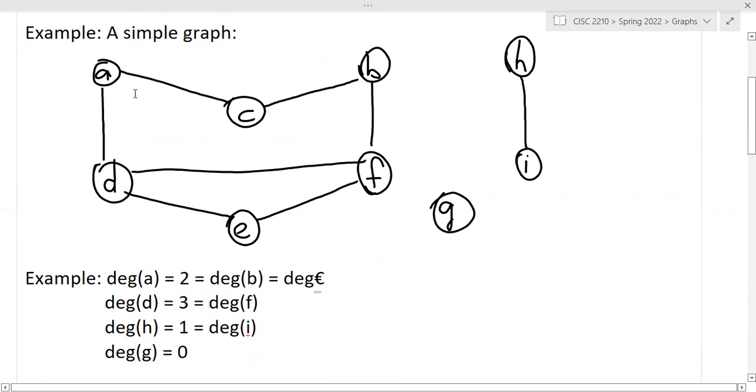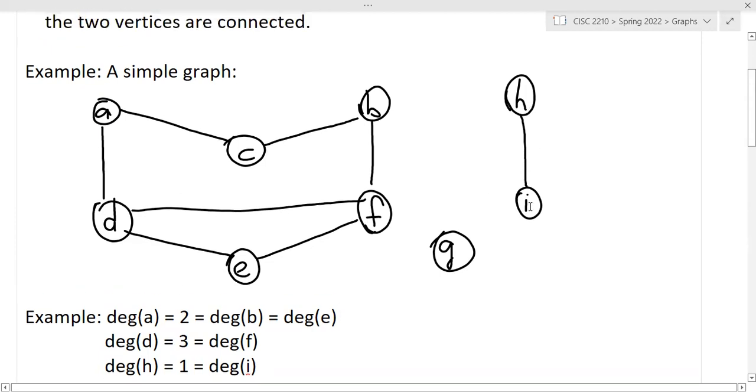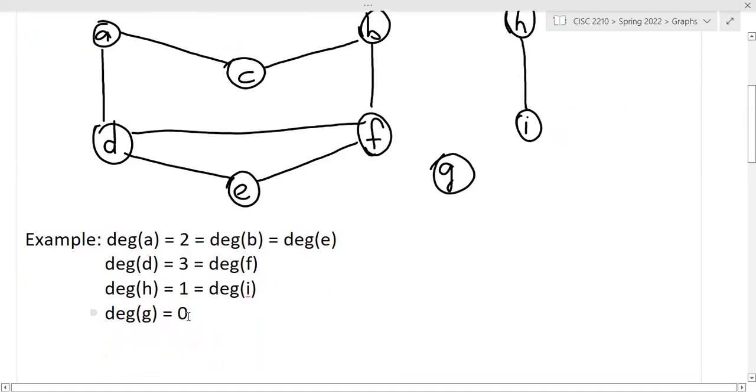The degree of B is also 2. The degree of E is also 2. Then the degree of D is 3, the degree of F is 3, the degree of I is 1, the degree of H is 1, and the degree of G is 0.